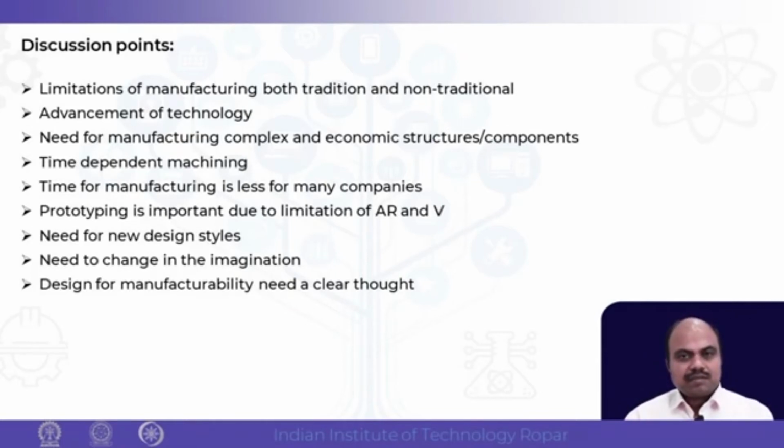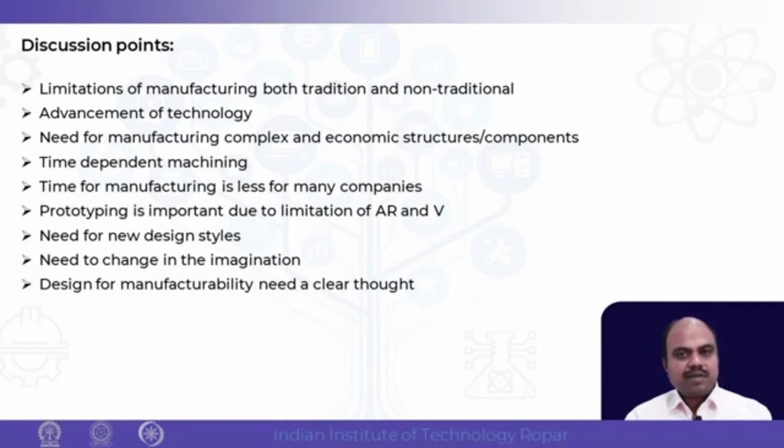New design styles are coming, and we need support for that. When we have the additive manufacturing process, we need to change the way we are thinking. Previously, when designing, we needed to think about manufacturing, right? But in the additive manufacturing process, a lot of limitations which are there in traditional manufacturing processes are not there.